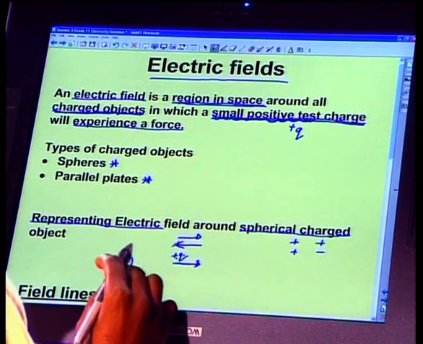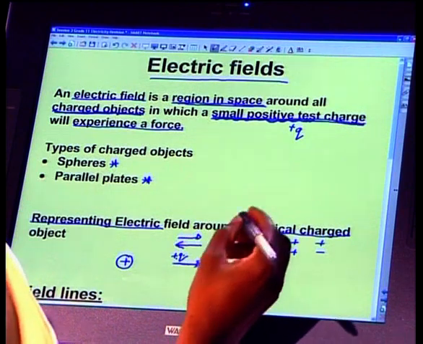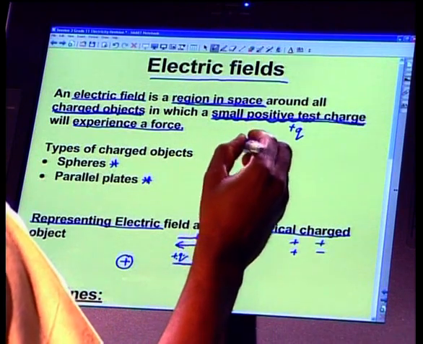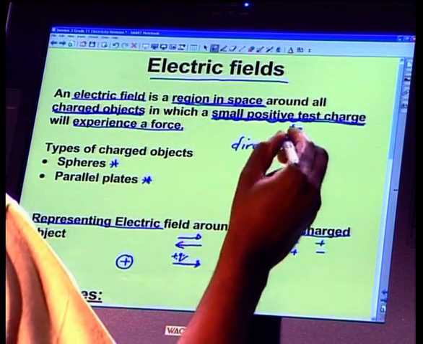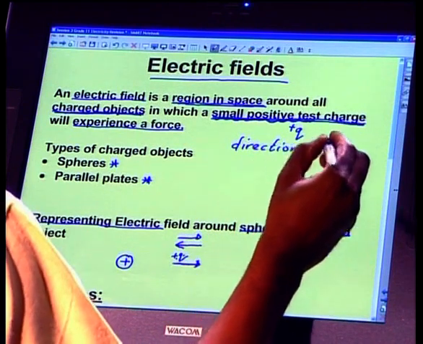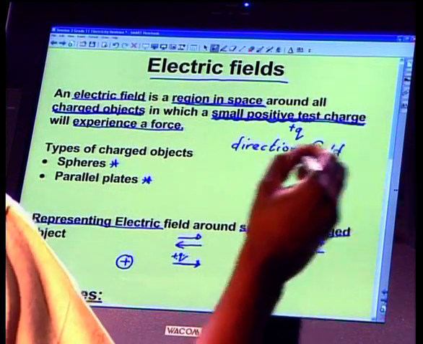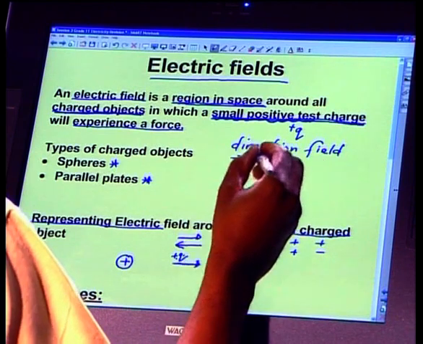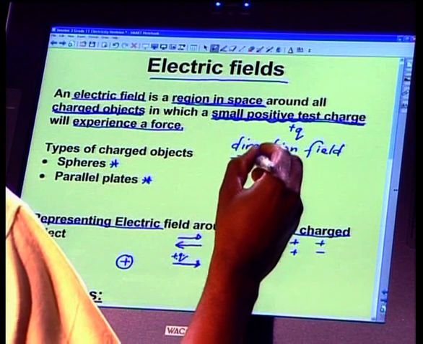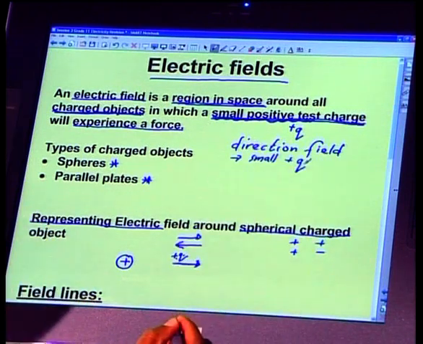And the direction of the field, now this is important, the direction of the field is given by the direction of the small positive test charge. So the direction of the field is given by the small positive test charge.